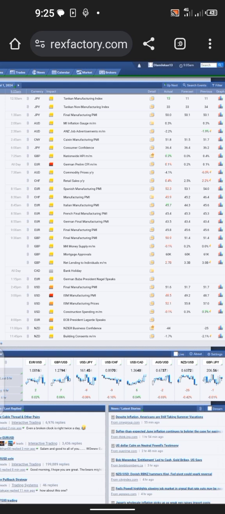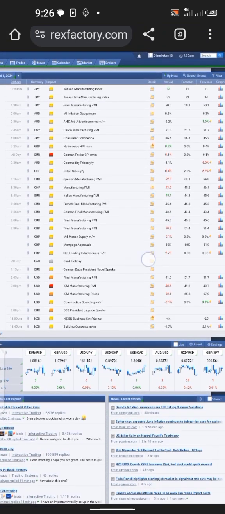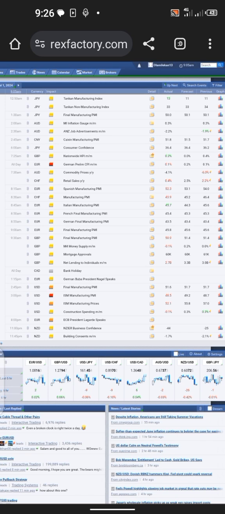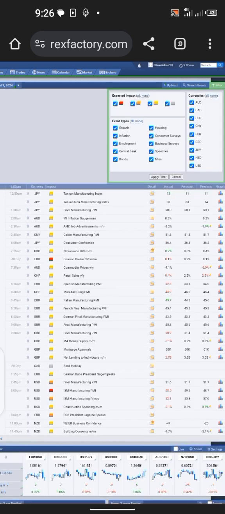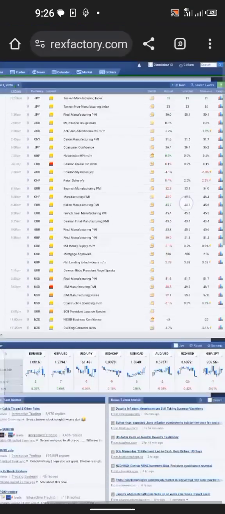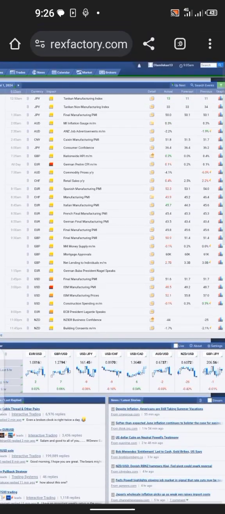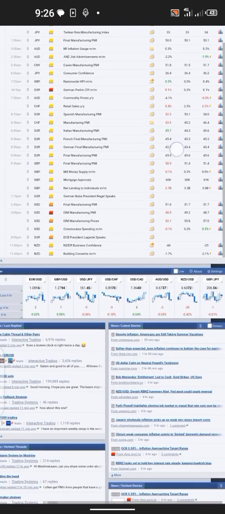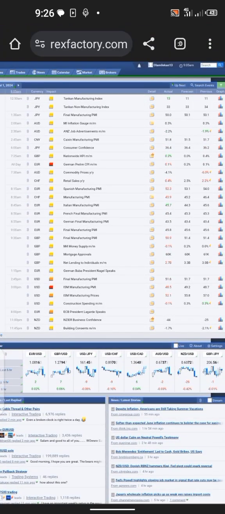Number 2 is the interest rate. Interest rates are a central tool in monetary policy. Higher interest rates attract foreign investors seeking better returns, which can strengthen the currency. Lower interest rates tend to weaken the currency as they offer less attractive returns.